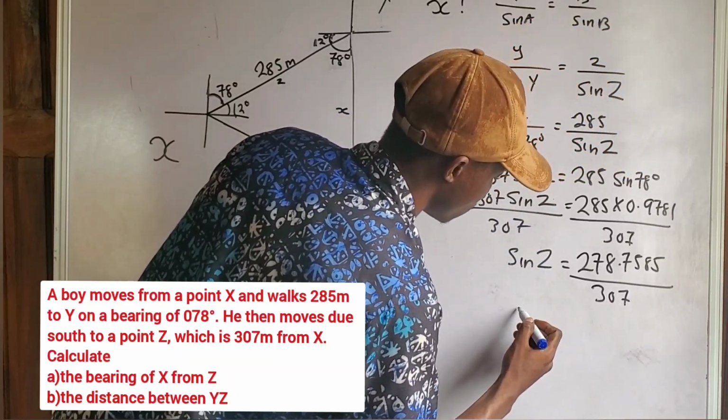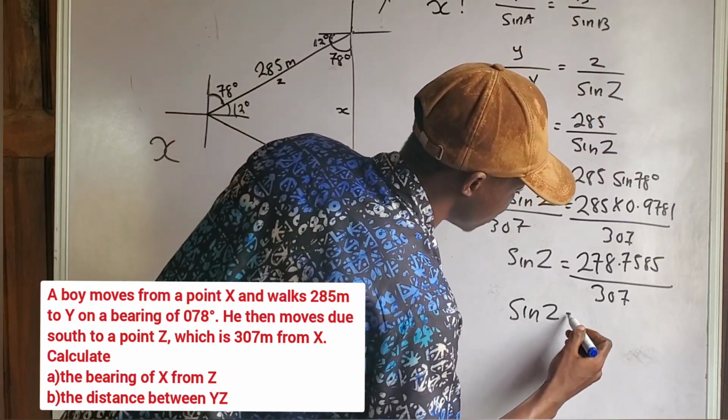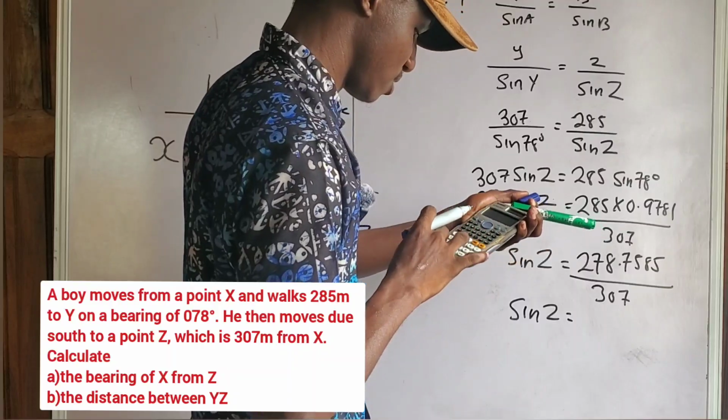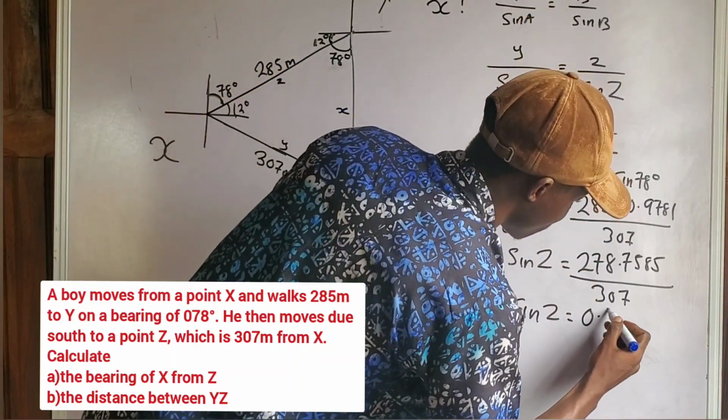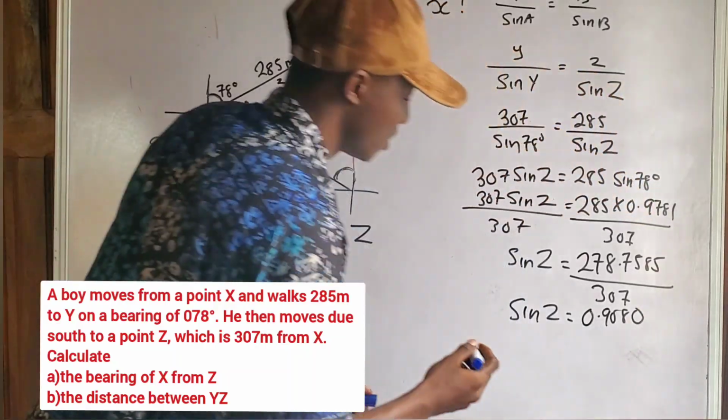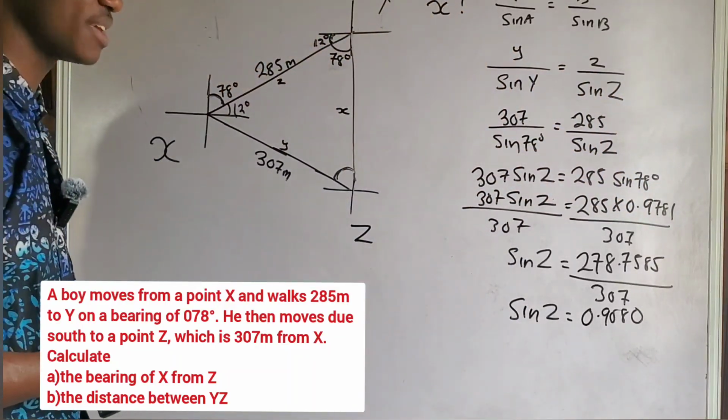Okay, so sine Z is equal to 0.9080. So to get the value of Z, you have to take the sine inverse, right?